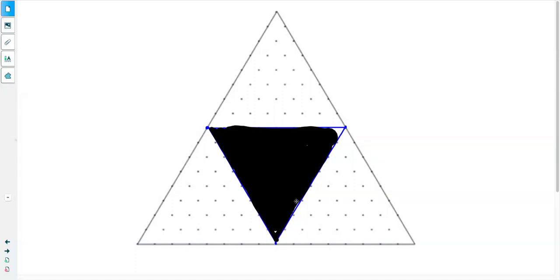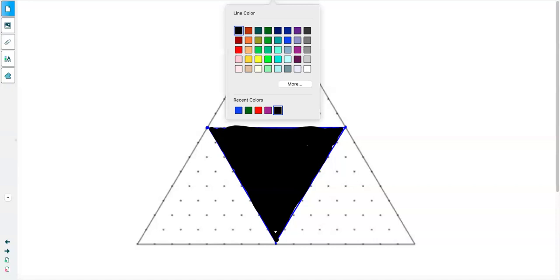So this is essentially our first stage of the Sierpinski gasket. Our next stage, we just repeat this process over again.